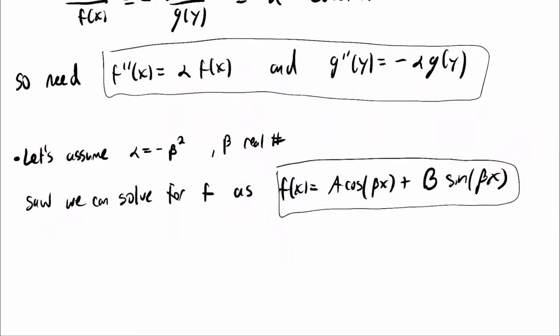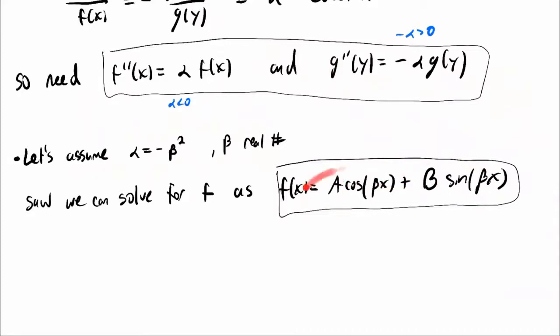Unfortunately, once we pick alpha to be negative, well, we know how to solve for f. Over here, though, if alpha is negative, then that means that negative alpha is positive. So over here, we need minus alpha to be positive. And so therefore, we're not going to be able to solve this ordinary differential equation using sines and cosines in this way.